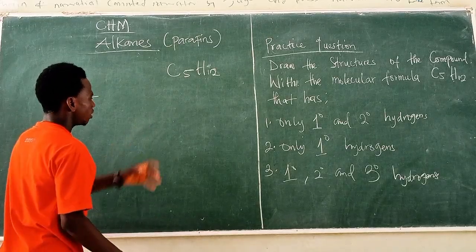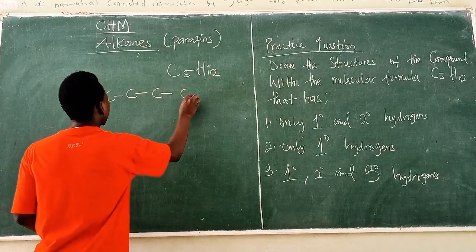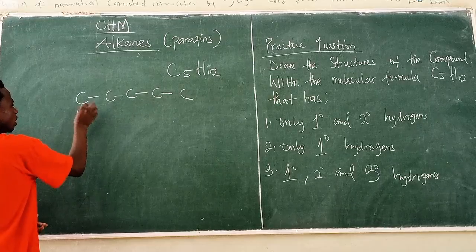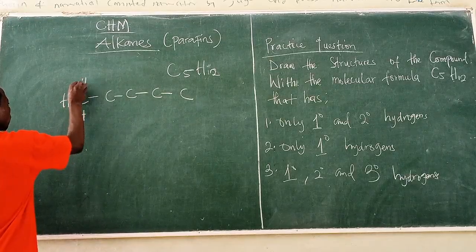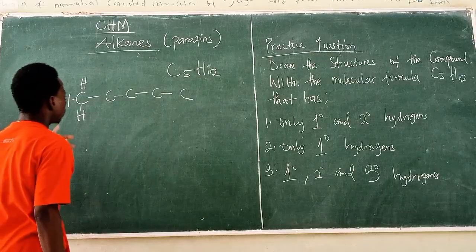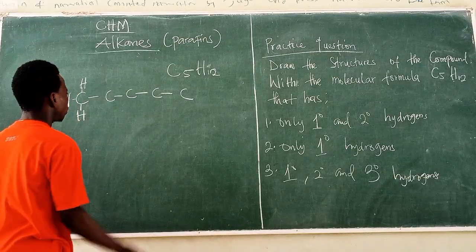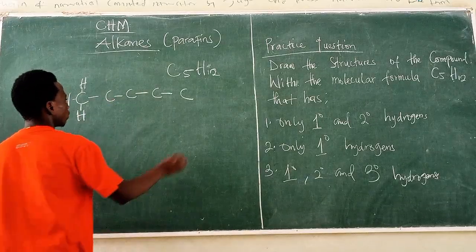The first is the simplest because now these are our 5 carbon atoms. So this is a primary carbon, and the hydrogens attached on the primary carbon are known as the primary hydrogens. This is a secondary carbon because it is bonding to 2 other carbon atoms.